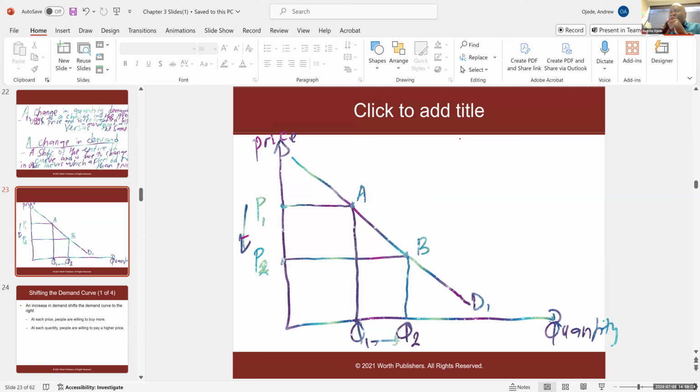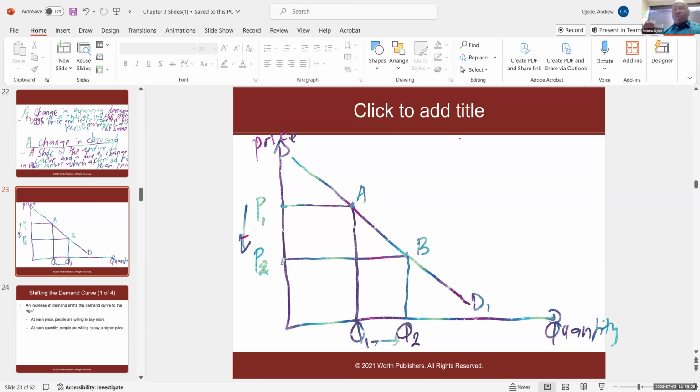We invoke the word quantity. Anytime there's a decrease in quantity demanded, that is due to an increase in price. And when there's an increase in quantity demanded, like we've seen here from Q1 to Q2, that is due to a decrease in the price of the good.